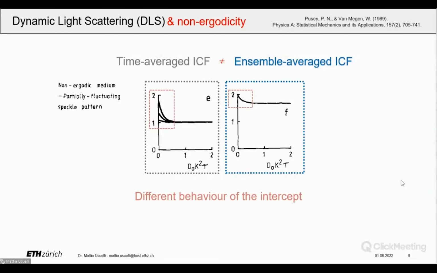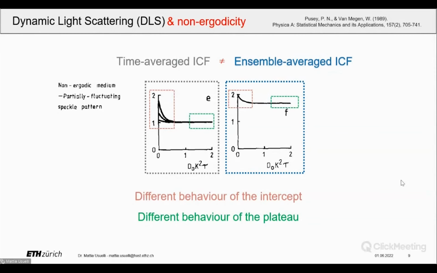But actually, if you have a look on the left, here we see 3 different curves that are all from the same sample, but they have different intercepts. So it means that when I do a measurement on a non-ergodic sample, I can have different intercepts considering different subensembles. Also, we see a different behavior of the plateau.